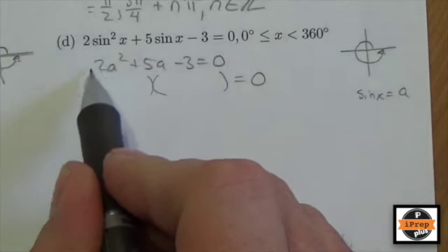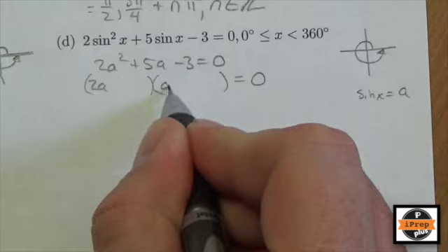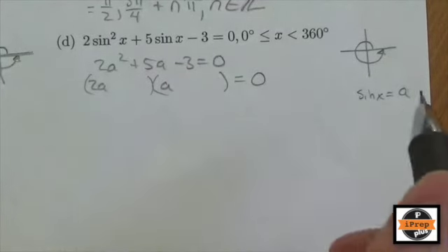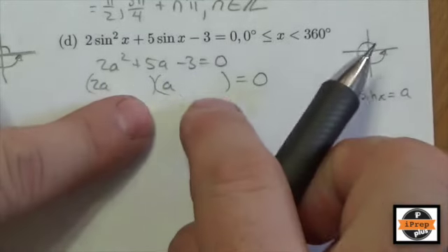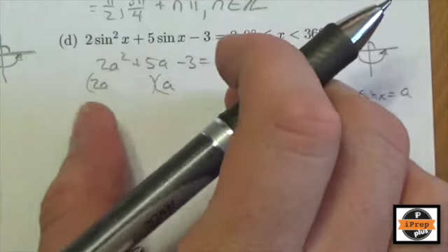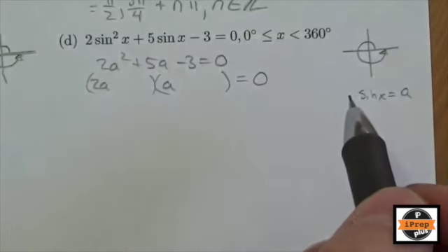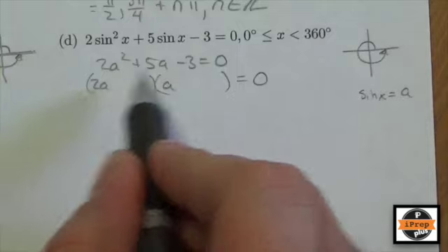So for example, 2 can be broken down into 2a and 1a. Okay, 2a times a is going to be 2a squared. Now, the product of these two values right here has to be negative 3. And when I distribute everything through and add the two linear terms, I should be getting a coefficient of 5. That suggests to me that this has got to be 2 times 3.